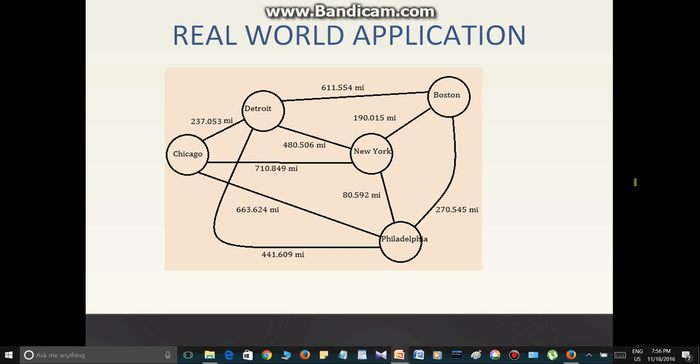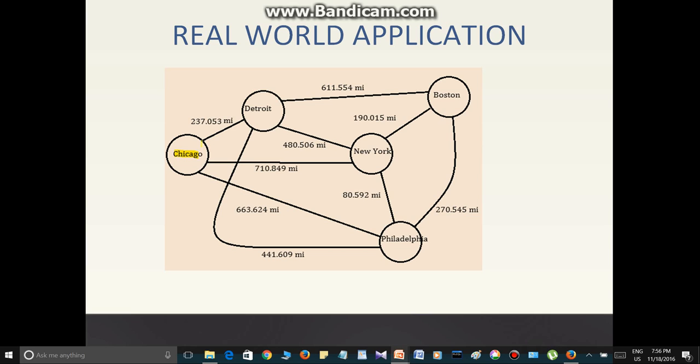Let's see the real-world application. From Chicago, we can travel to any of these places with the shortest path algorithm system. All you need is to choose the shortest path. If you wish to go from Chicago to Boston, you would probably choose Chicago to Detroit and Detroit to somewhere else which goes to the shortest. Let us consider Chicago.